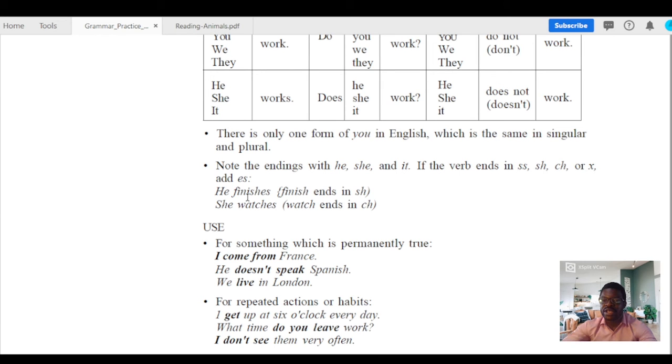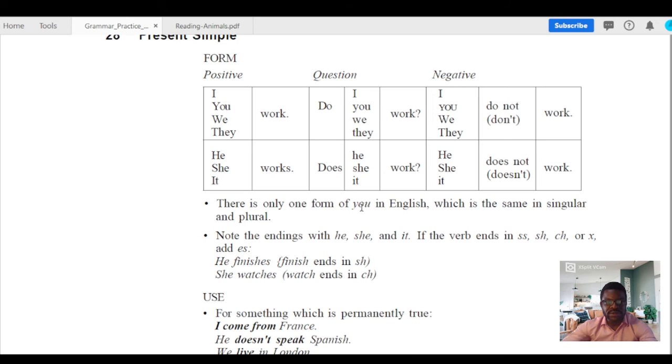So when we want to form the third person part of the verb, we have to add what? Es. She watches television every night before she goes to bed. He finishes his homework after dinner every day.